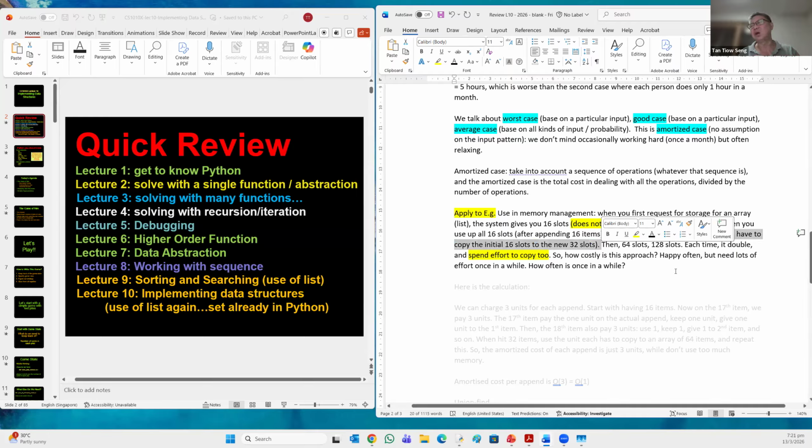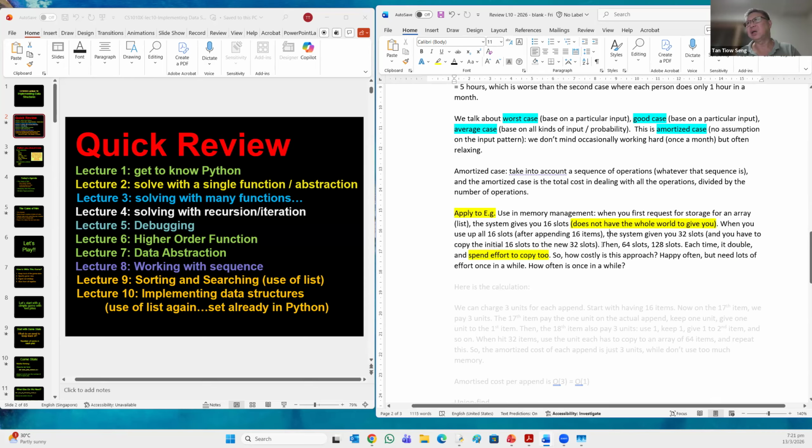Of course, this 32 slots could be an extension of the original 16 slots, and in this case you don't have to do anything, just use number 17, number 18, and so on to put in new items there. But it's also possible that for these 16 slots given to you, the following memory space is no longer available. You have to copy the 16 slots out to the 32 slots that are newly allocated to you.